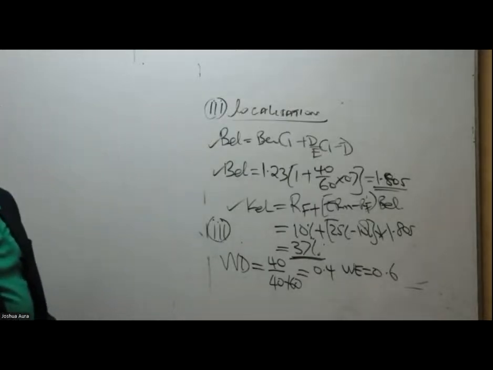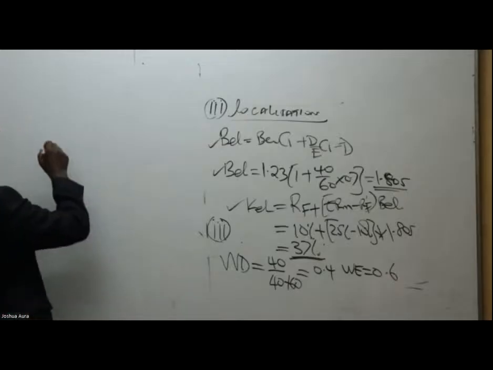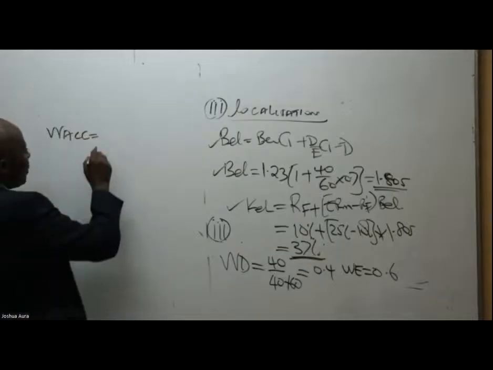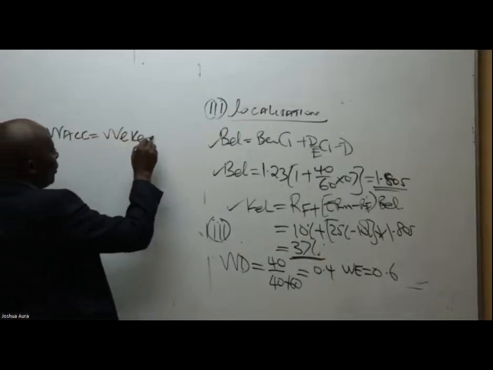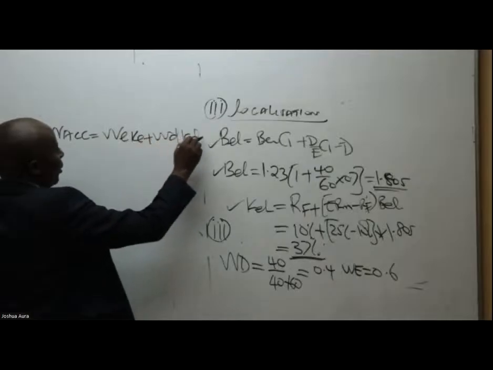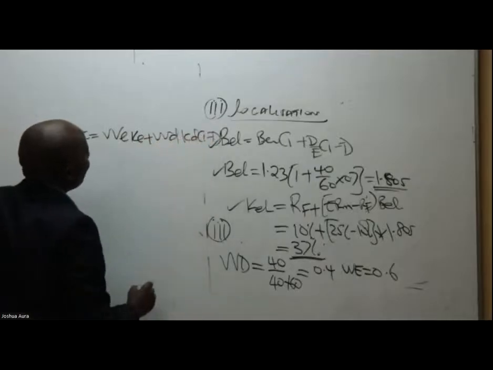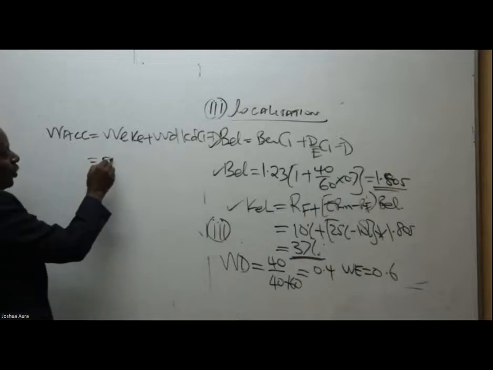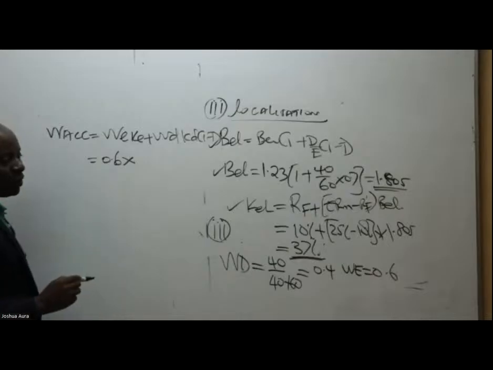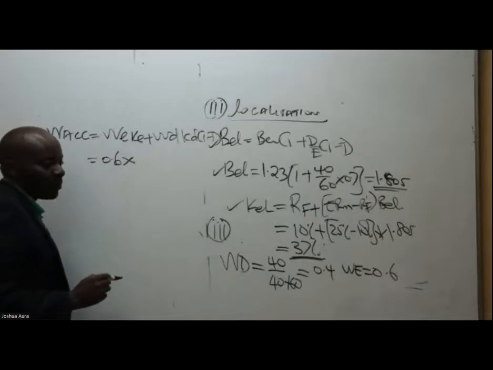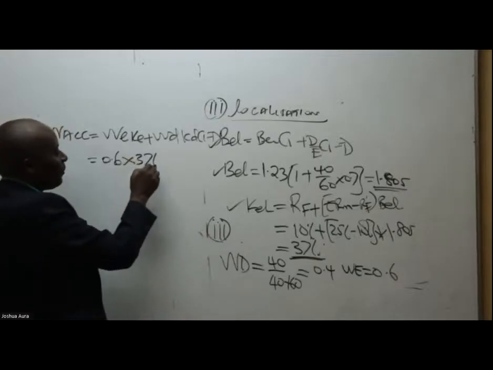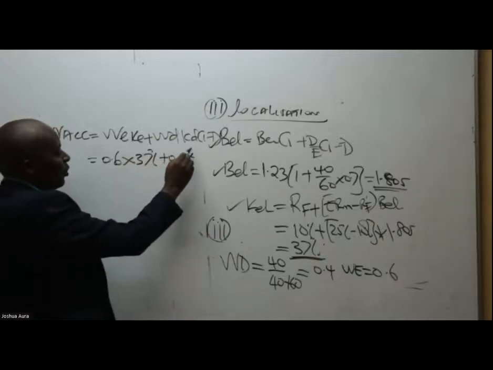All right. After that, ladies and gentlemen, please go ahead and give us WACC. WACC will be weight of equity times cost of equity plus weight of debt times cost of debt into 1 minus taxation. Weight of equity is 0.6 times cost of equity, which is 37%, plus weight of debt 0.4 times cost of debt.